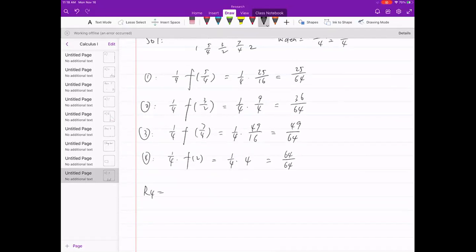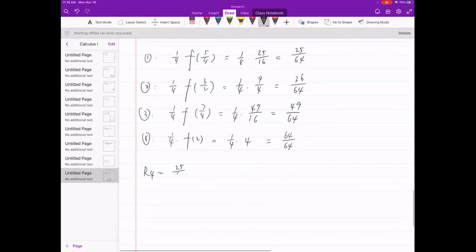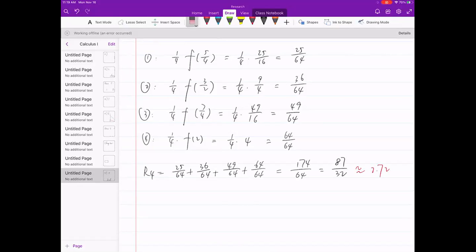So the final answer R4 is 61, 110, 174, which is roughly 2.7, 27188.